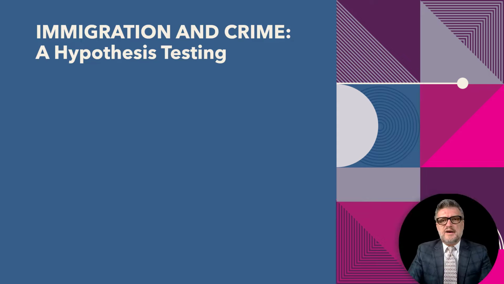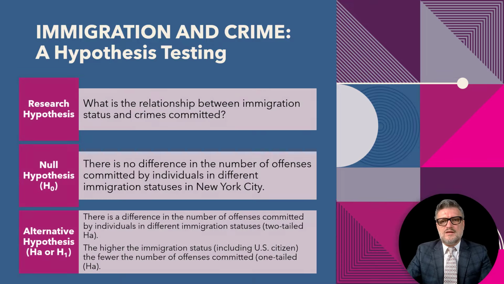We'll explain hypotheses and variables with an example. Let's say that we are interested in immigration status and the number of offenses committed in general by non-citizens. So the research question is the statement that there is a relationship between immigration status and the number of crimes committed.